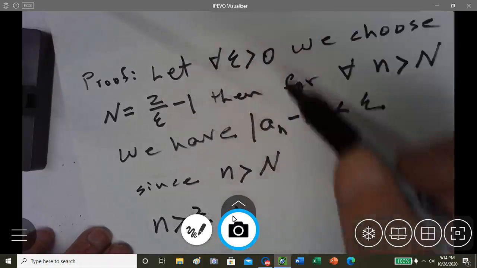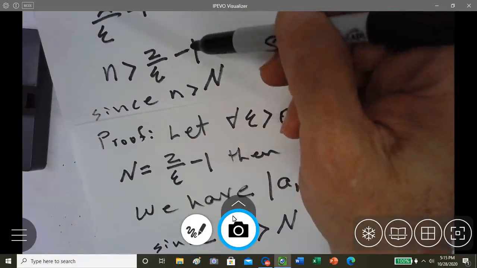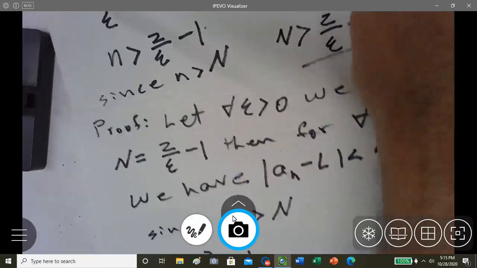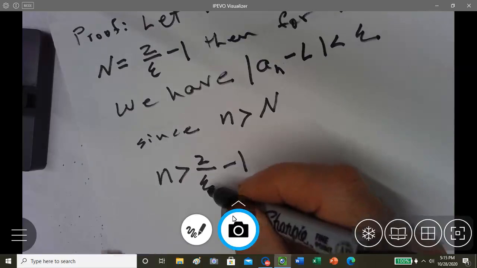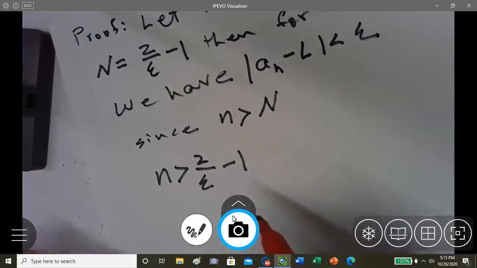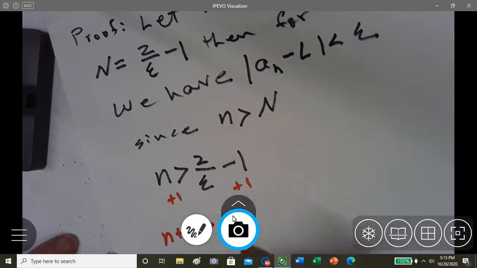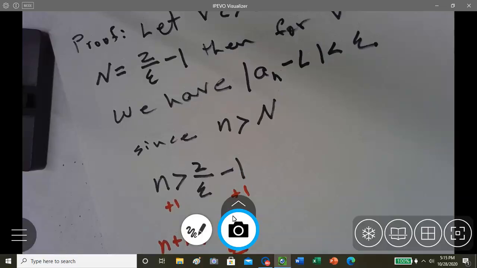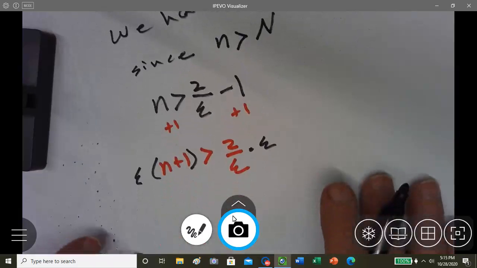So now we're in the process of working backwards, and what we want to do is solve for epsilon. We apply +1 to both sides, and so this will be n+1 is greater than 2 over epsilon. Okay, so now we're going to multiply epsilon to both sides.